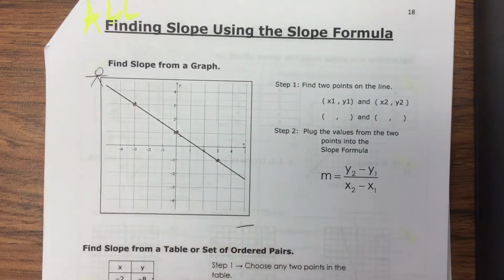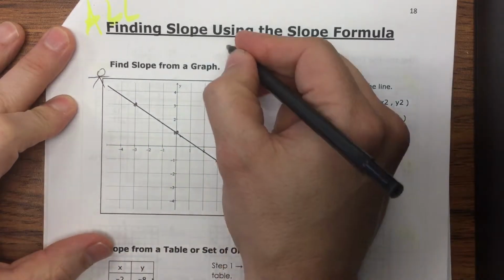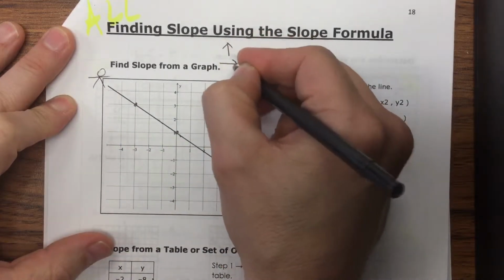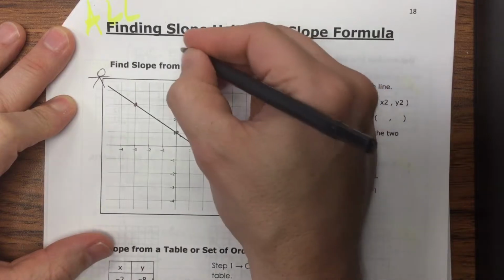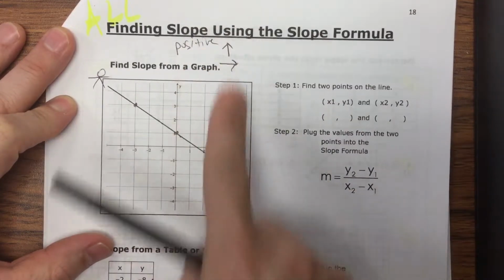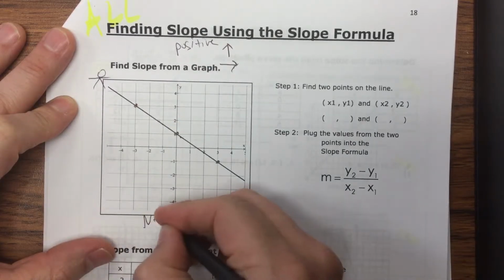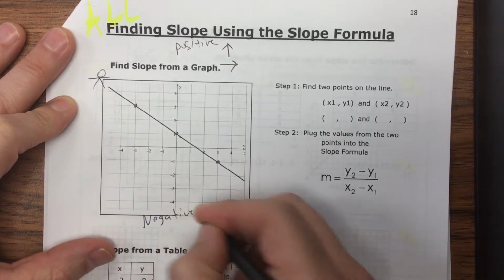Okay? The way you find slope with a graph, if it's positive, you're going to count up and right. Up and right. Every time. But since ours is negative, we're going to count down and right every time.